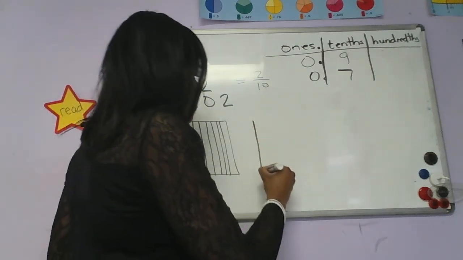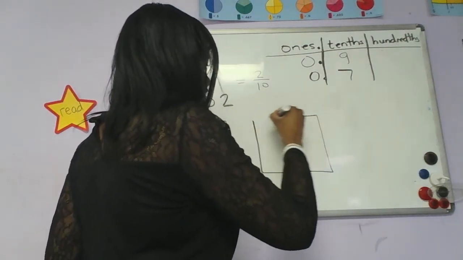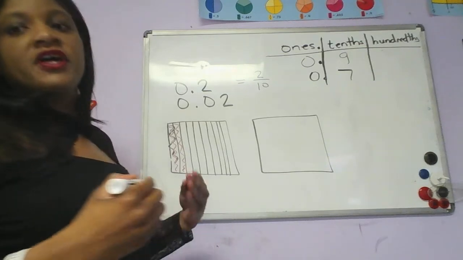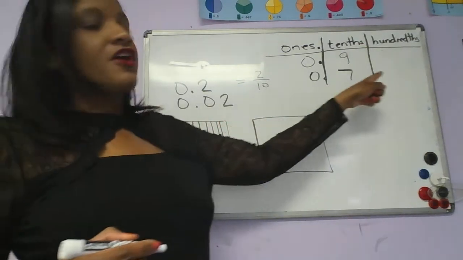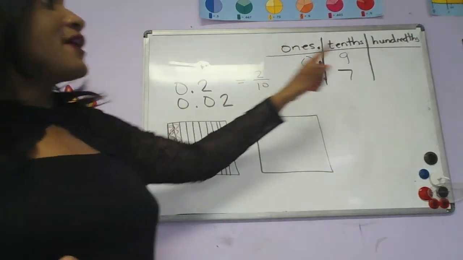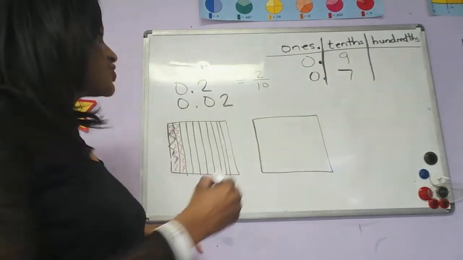Now let's try 0.02. And again, if you remember from previous videos, the way we name them is by where the last number falls on our place value chart. If you put it in the place value chart, that last 2 will be in the hundredths place.